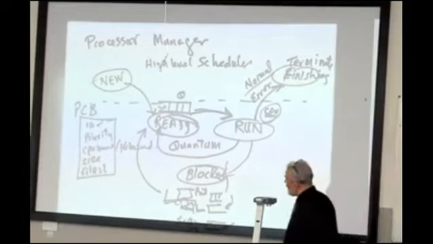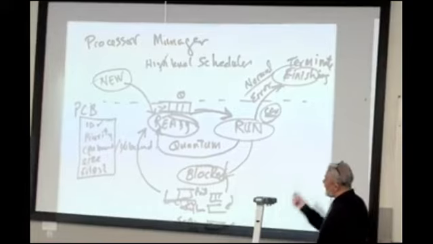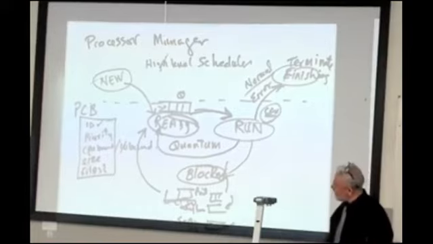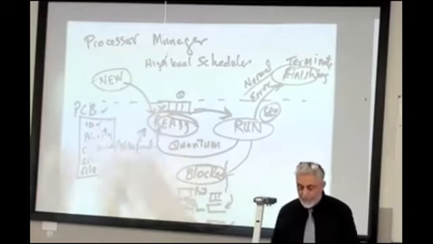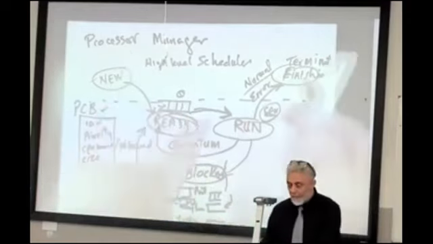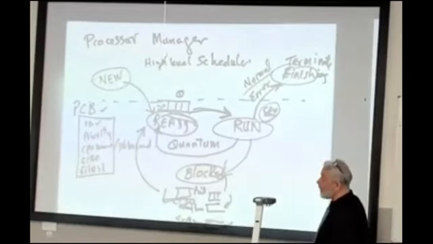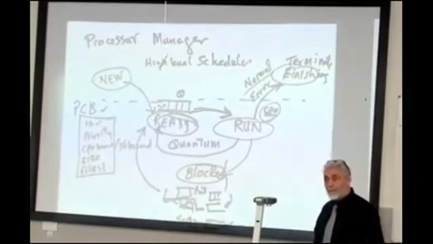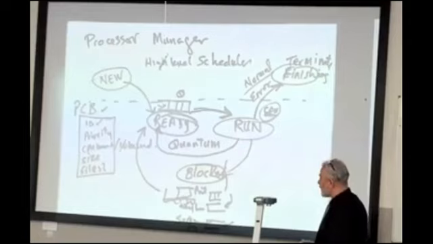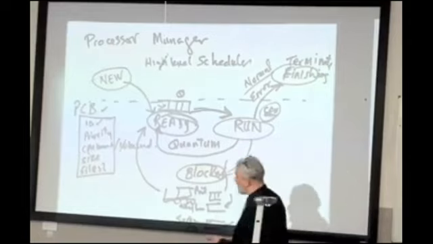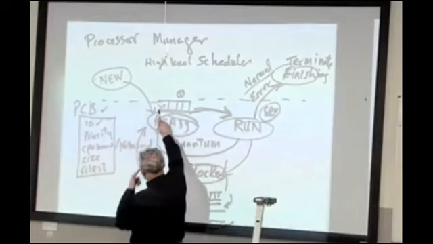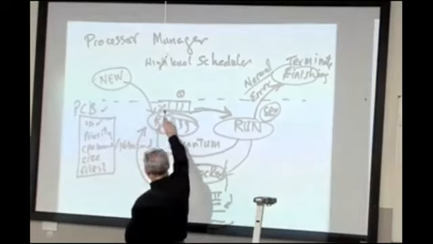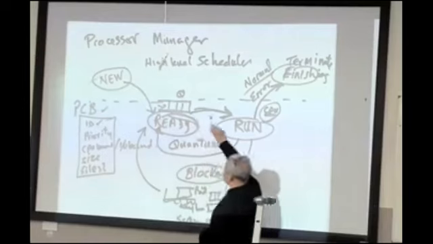And what else? In the processor manager, remember, the PCB was created at the new state. At the terminating state, we will be discarding this. But before we discard it, there's a lot of information in it. What kind of information? Every time this process went into the queue, we write down what time it went in and what time it left.